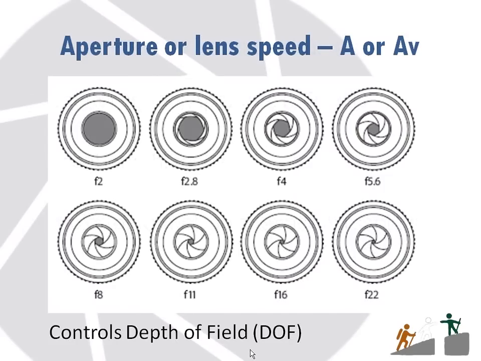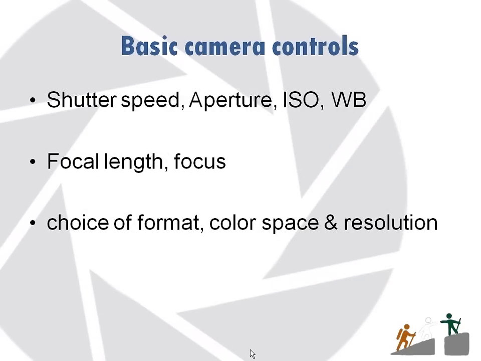So what happens is, as I said, in a Nikon, the shutter speed is S. In Canon, it will be TV, and aperture in Canon will be AV. I don't know what it is in Nikon. It's A. Yeah, A. That is aperture priority and shutter priority on the mode dial.